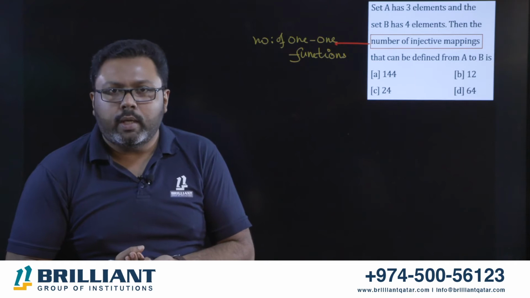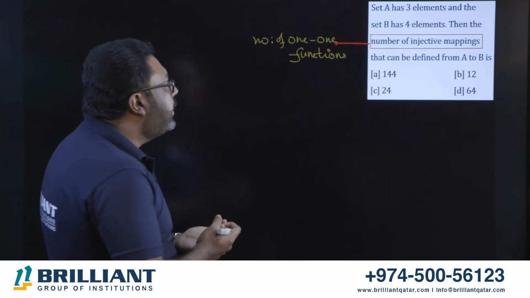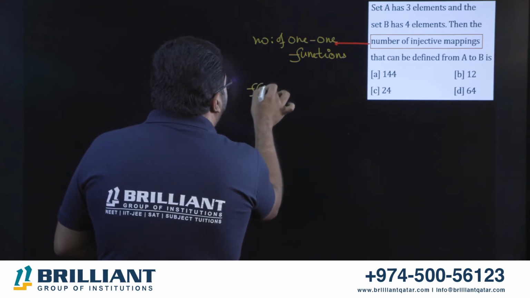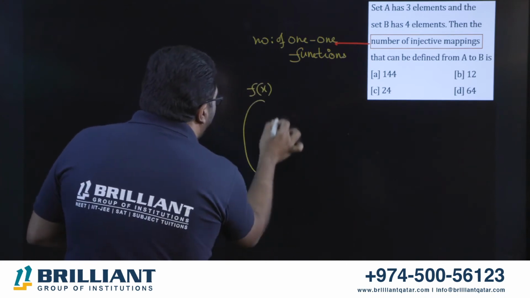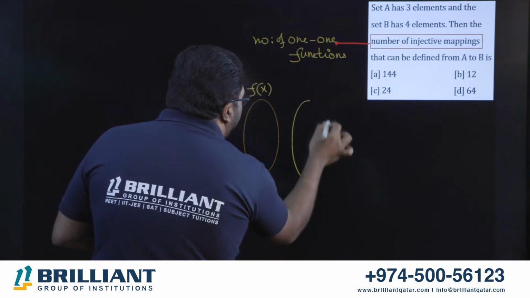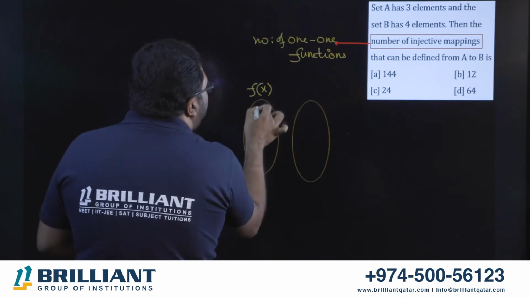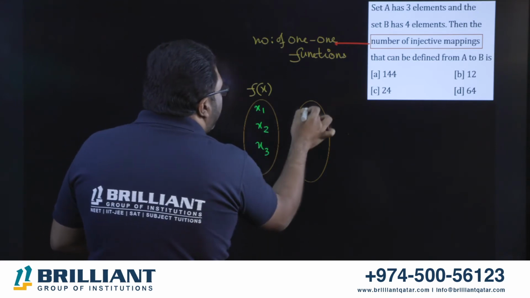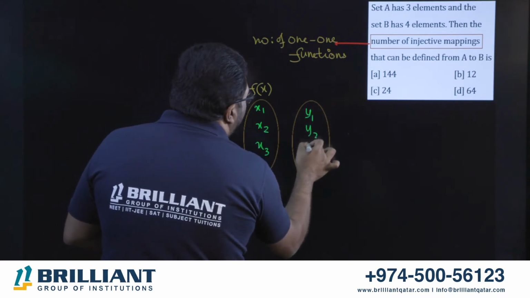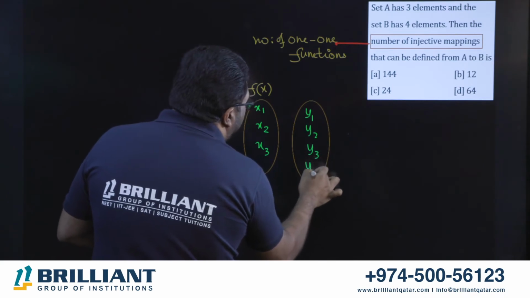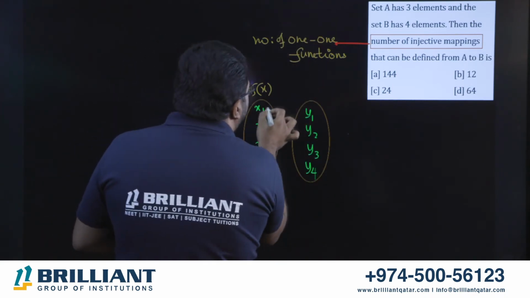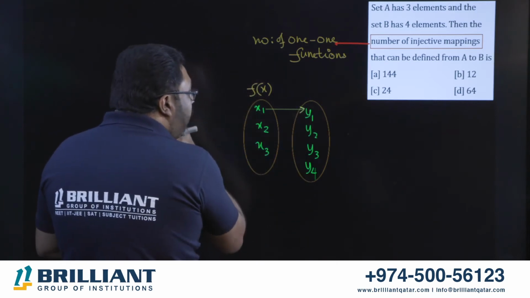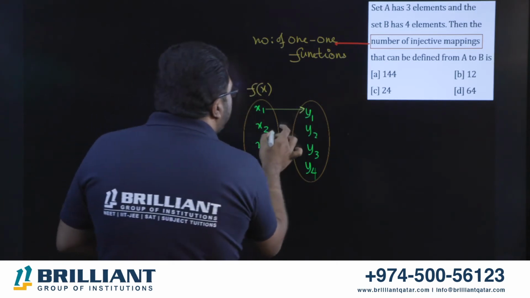So it is very clearly said that 1, 1 functions of f of x exist only if you have elements x1, x2, x3 here and elements y1, y2, y3, y4 here. That is, every element in the domain has a unique image in the range, not sharing with anybody.